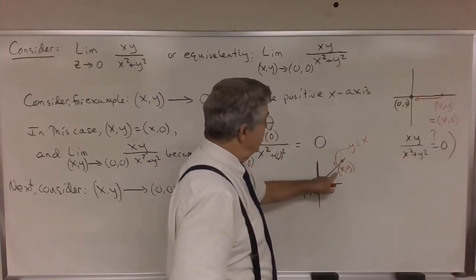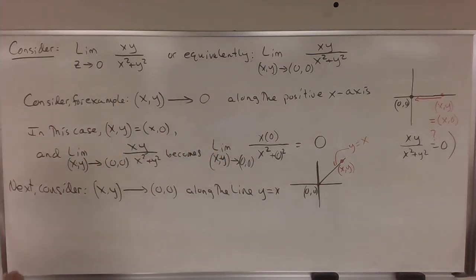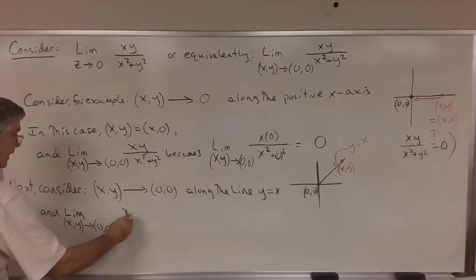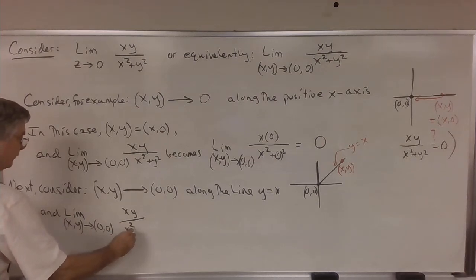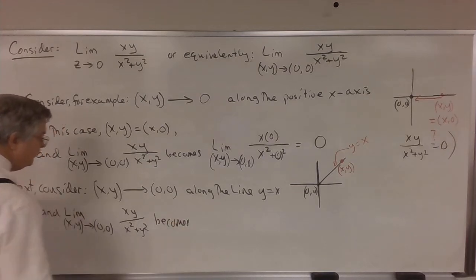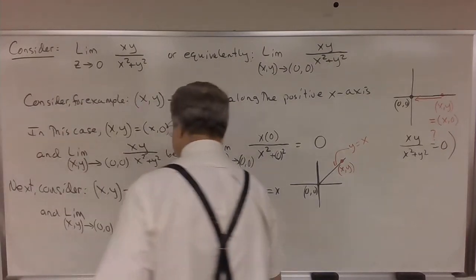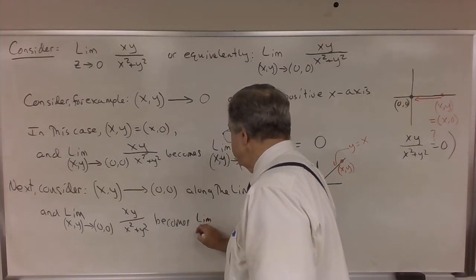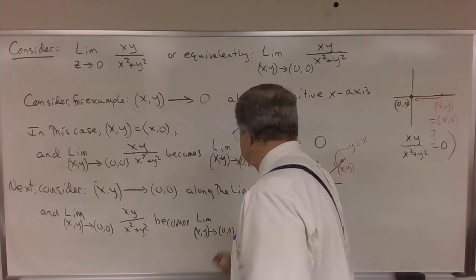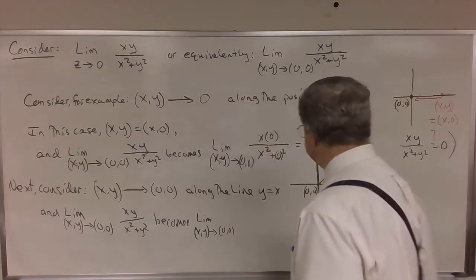And if xy is a point on this line, then we can say this. The limit as xy approaches the origin of xy over x squared plus y squared is the same as the limit as xy approaches the origin of, well, let's see.